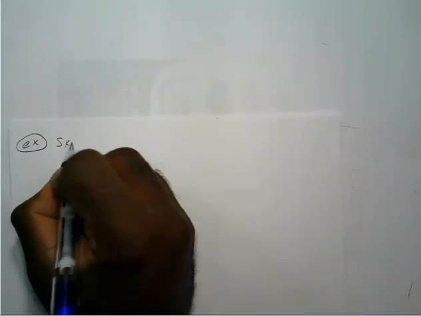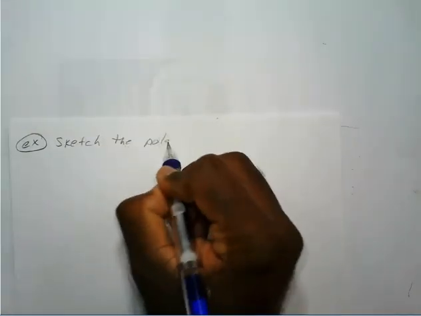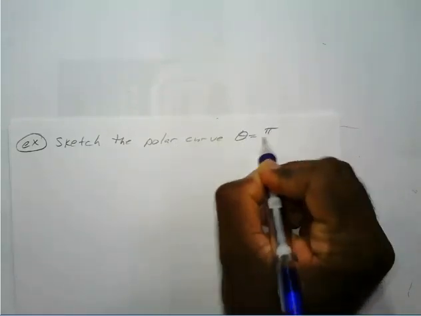All right, so let's say we wanted to sketch the polar curve of just theta equals pi over 3.